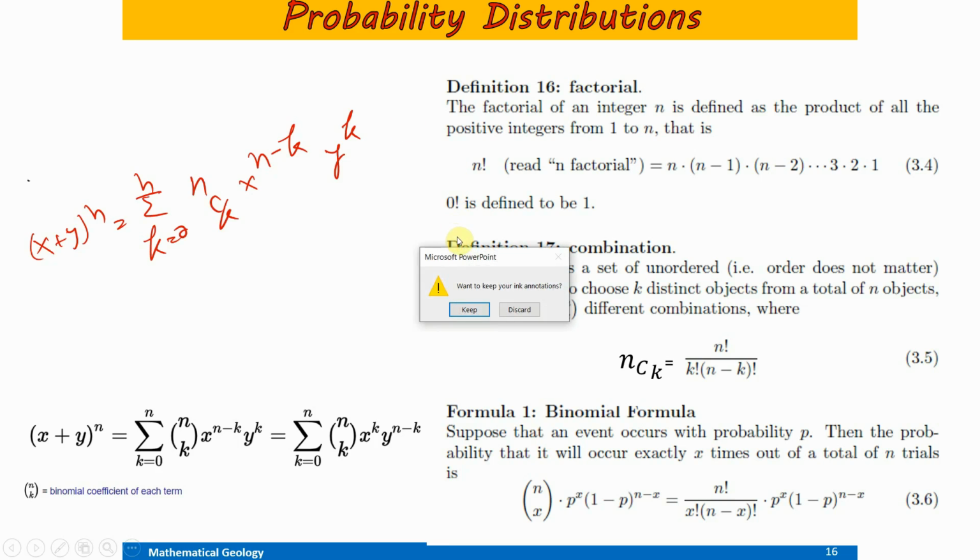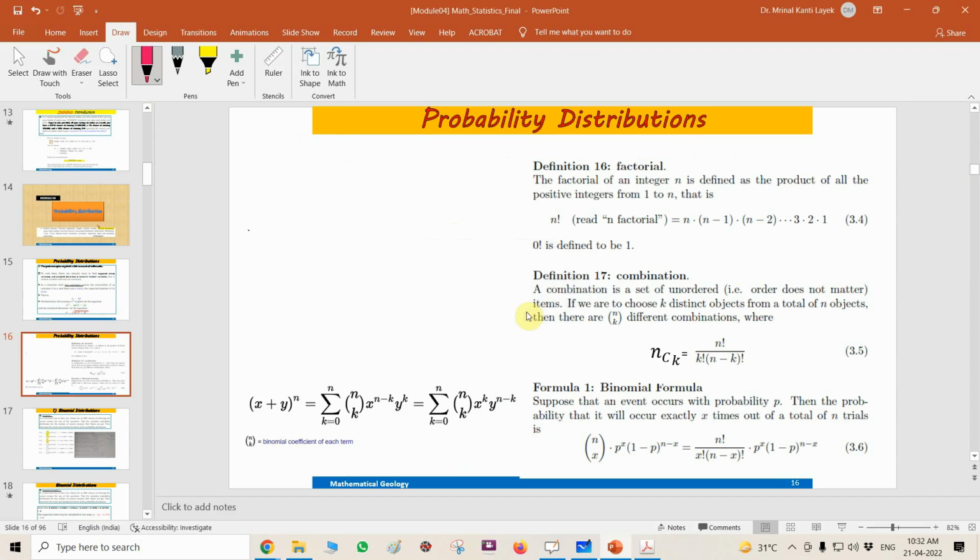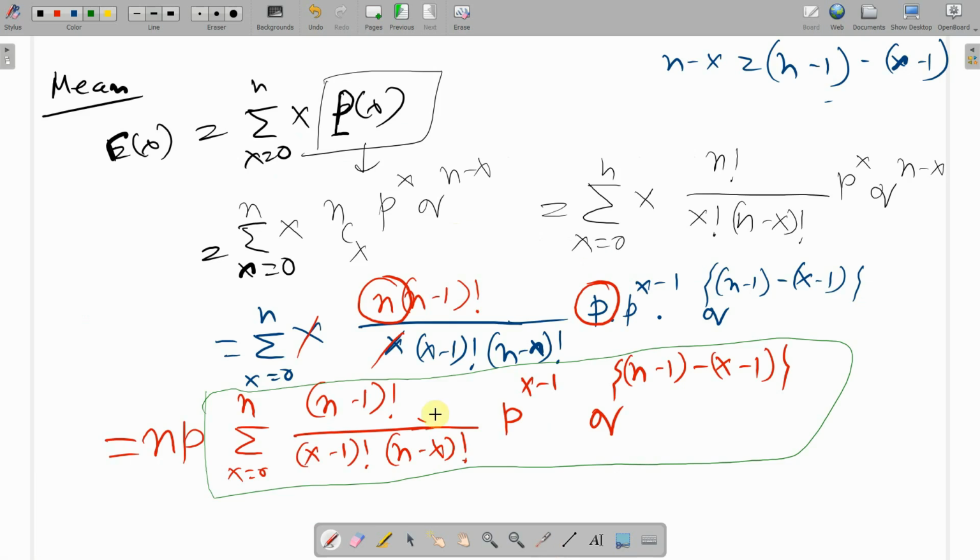That means what we can write here, p plus q to the power n minus 1. How we can write?